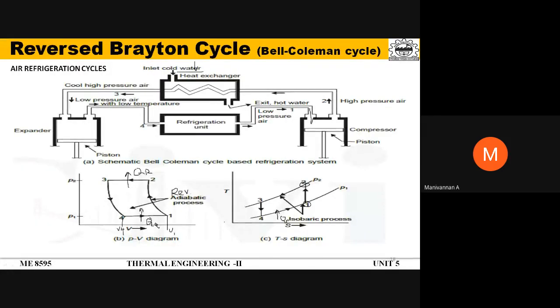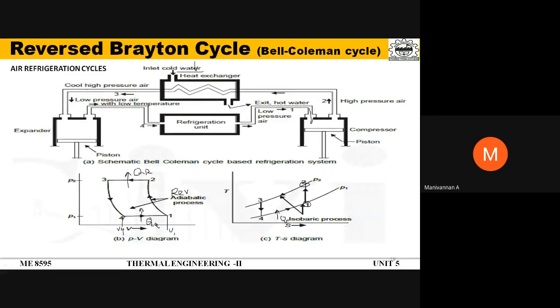Okay, I'll come back. The heat energy available in the air is again removed by circulating cold water, and now the air becomes cool air which is at a higher pressure.